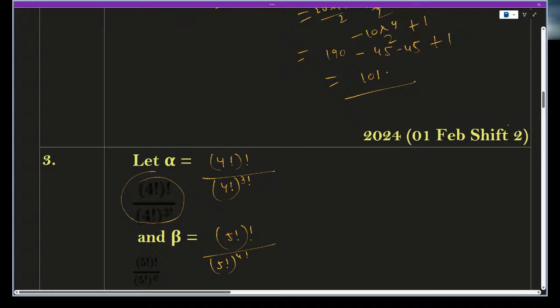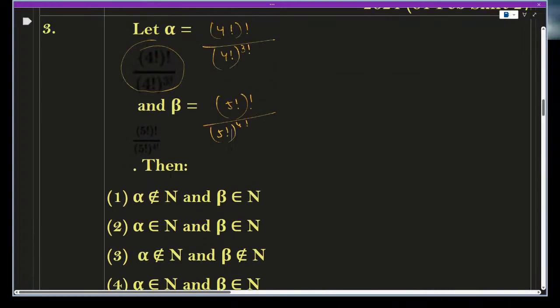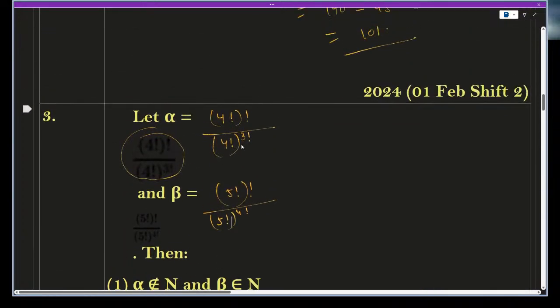Let alpha equal to this, beta equal to this, then which option is correct? They are natural numbers, or one of them non-natural and the other natural. Which option is correct? Just read.